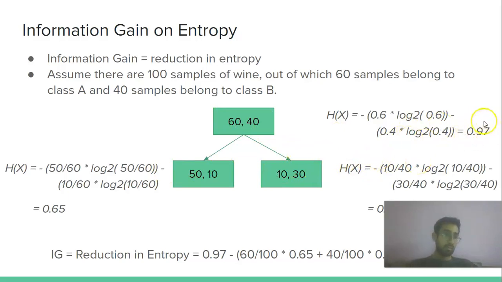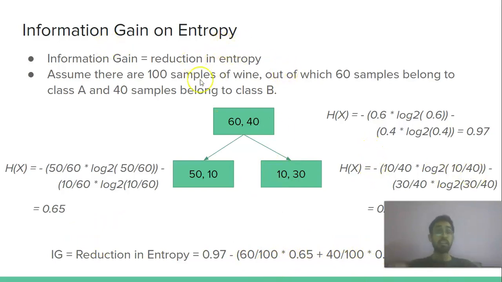The entropy at the parent level is 0.97, and at the child level we take the weighted sum of the entropies. There are 60 samples in one node and 40 in the other. So 60 by 100 into 0.65 plus 40 by 100 into 0.81. So the information gain is around 0.256.